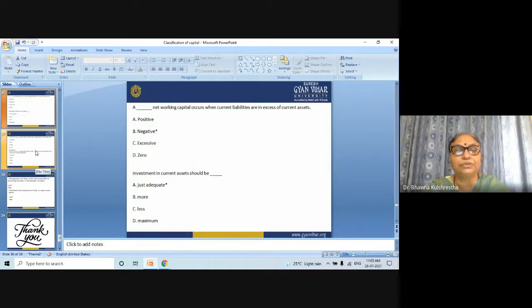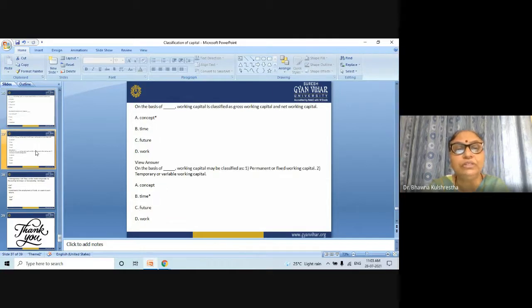The next question: on the basis of dash, working capital is classified as gross working capital and net working capital. The options are concept, time, future, work. The right answer is concept.